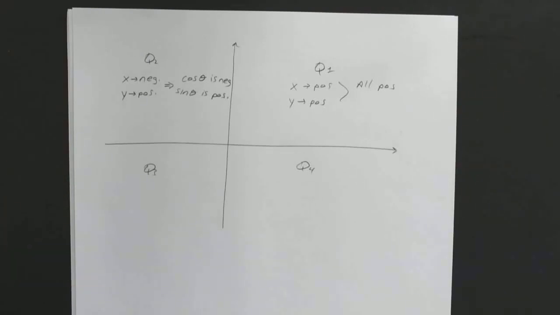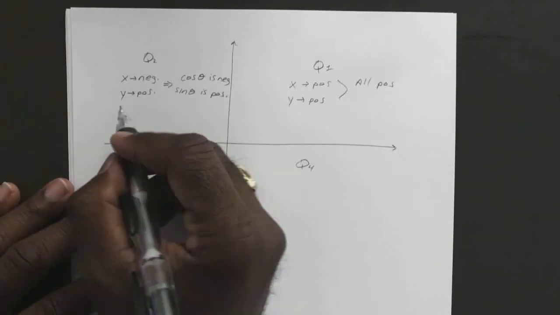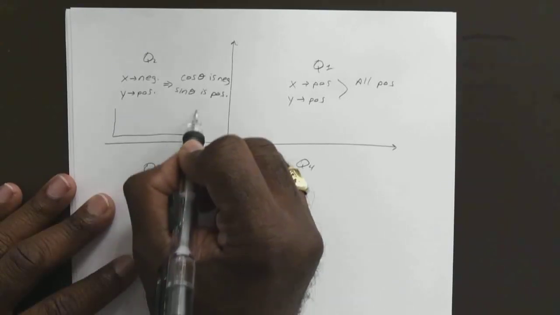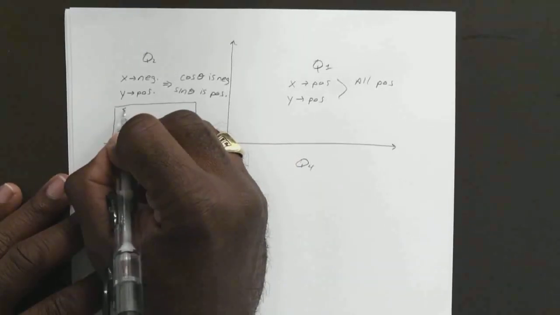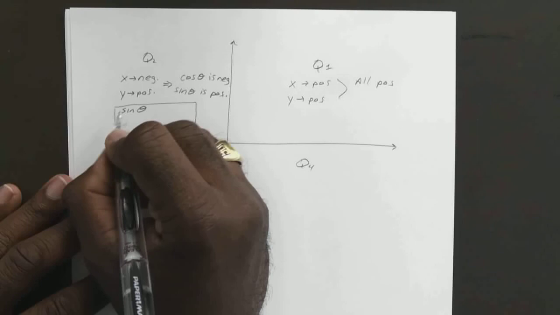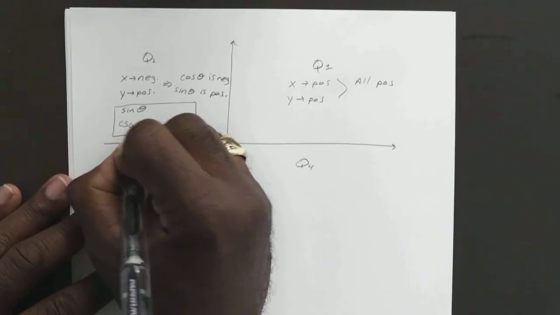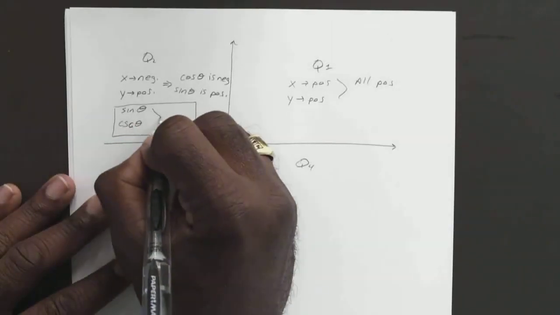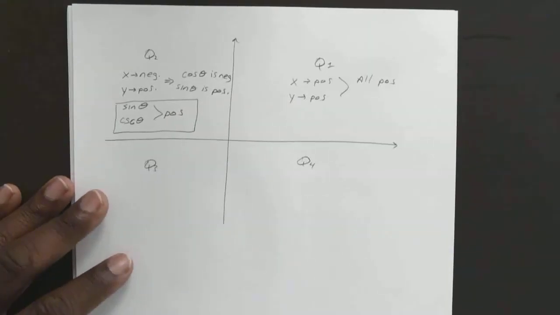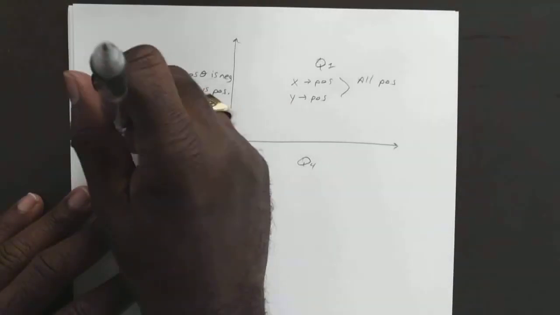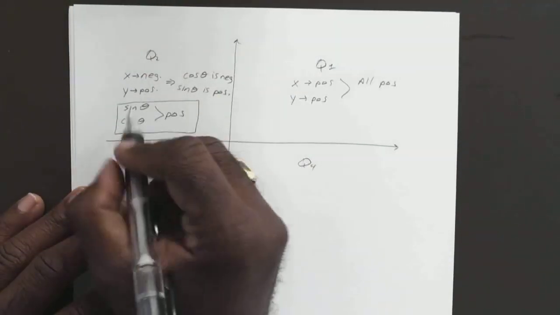So if sine is positive, the reciprocal of sine is also positive. So that means in this quadrant, sine of theta and cosecant of theta are both positive.